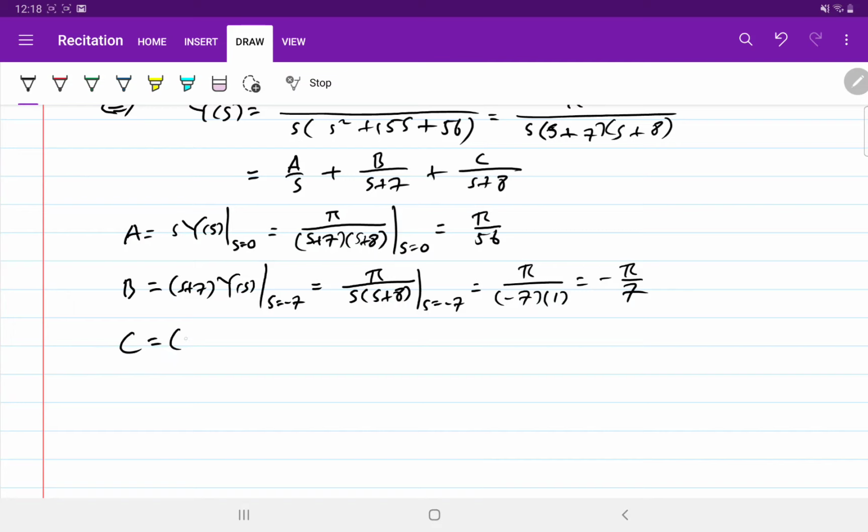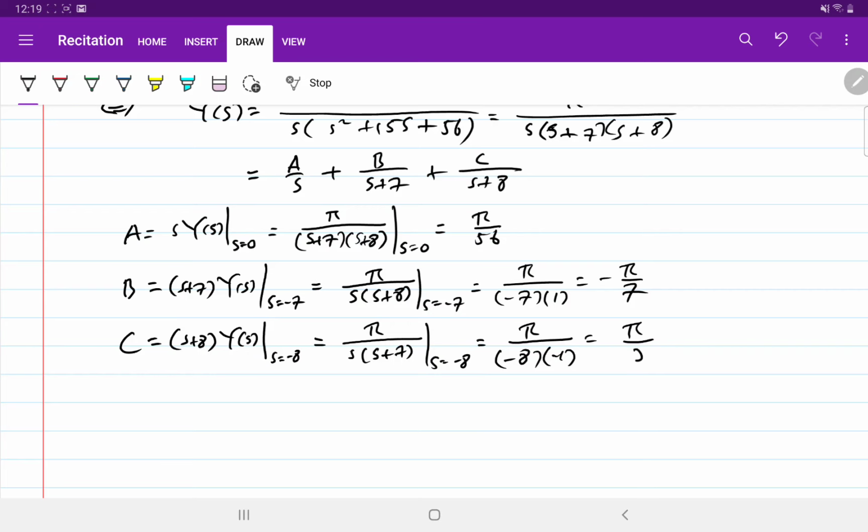Last one, c: we have s plus 8 times y of s, and then we substitute s with negative 8. We have pi over s times (s plus 7), and replacing s with negative 8, we have pi over minus 8 times (minus 8 plus 7), which is minus 1, so pi over 8.